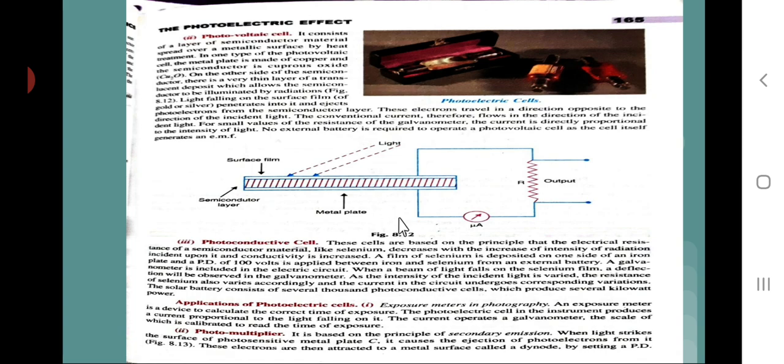Now the third one is the photoconductive cell. These cells are used on the principle that the electrical resistance of a semiconductor material like selenium decreases with increase of intensity of radiation.